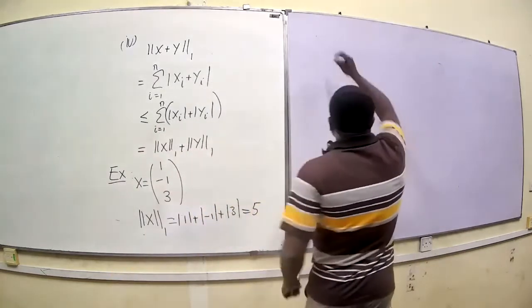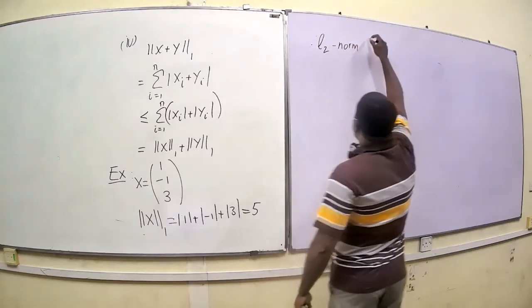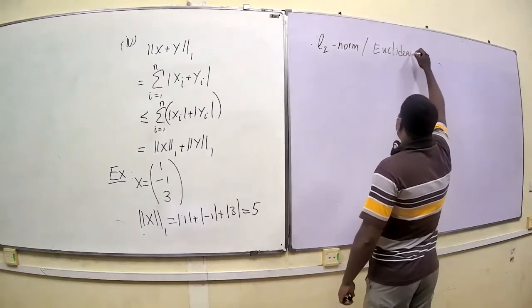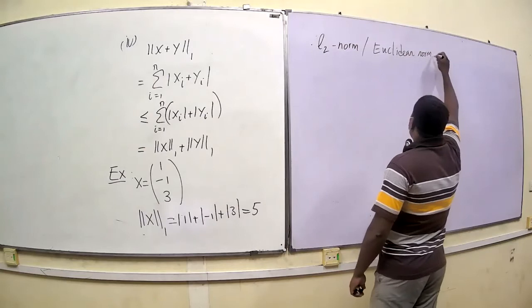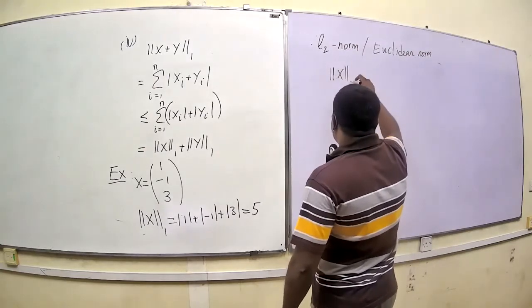Okay, so the next norm is the L2 norm, or Euclidean norm. Right, so how do you define the Euclidean norm? It's like this.